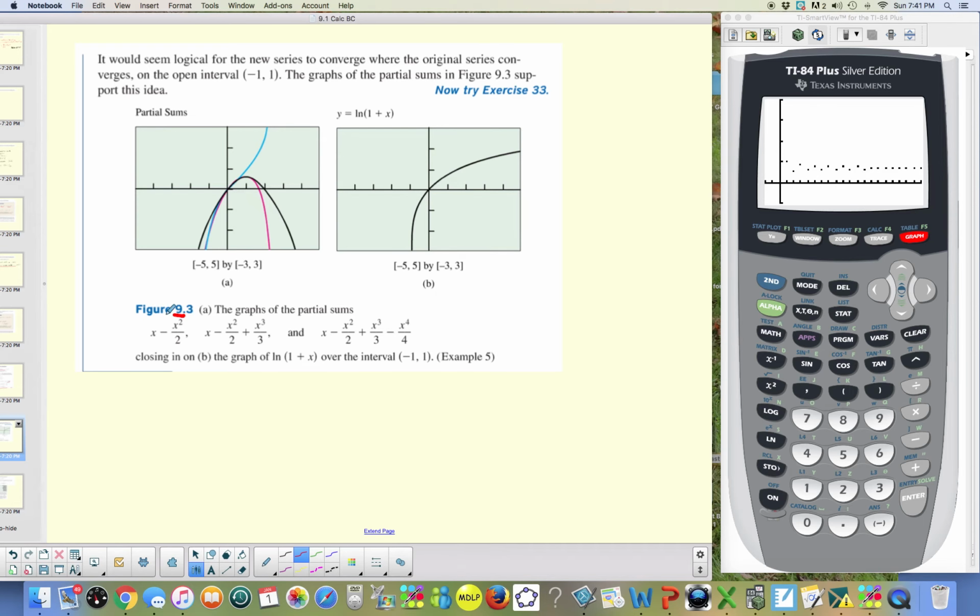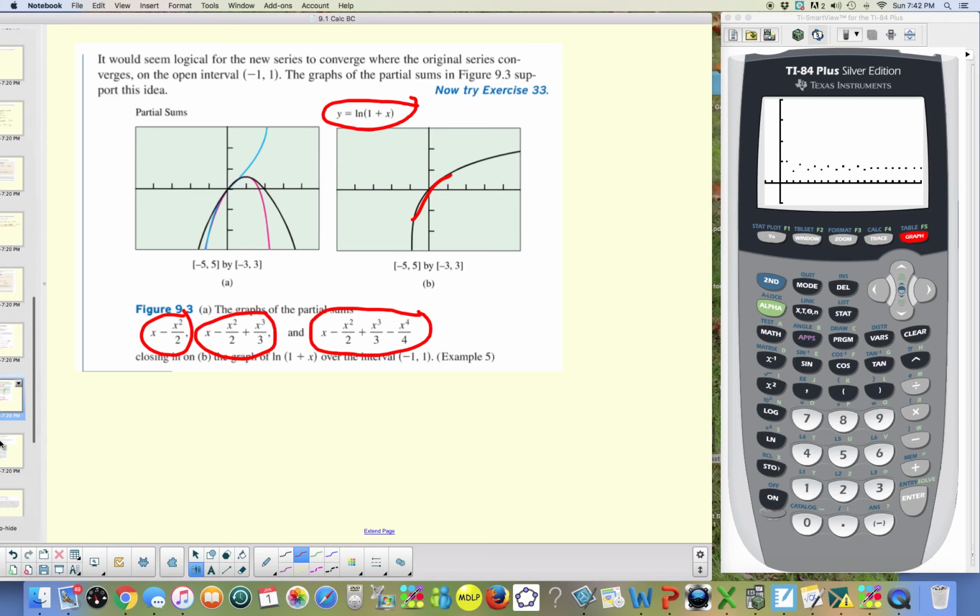So this is the first 2 terms, and then the first 3 terms, and then the next 4 terms, and we're going to graph them, and you can see that they get closer and closer to looking like this function right here. And from -1 to 1, because that's the requirement. And the more terms you add, the closer and closer it looks.